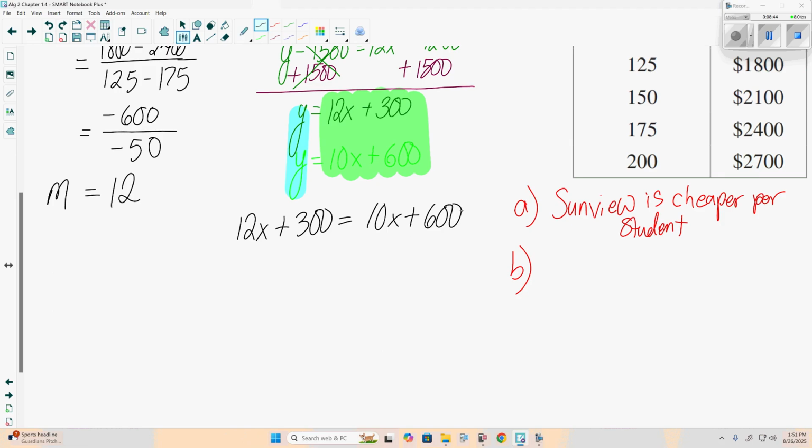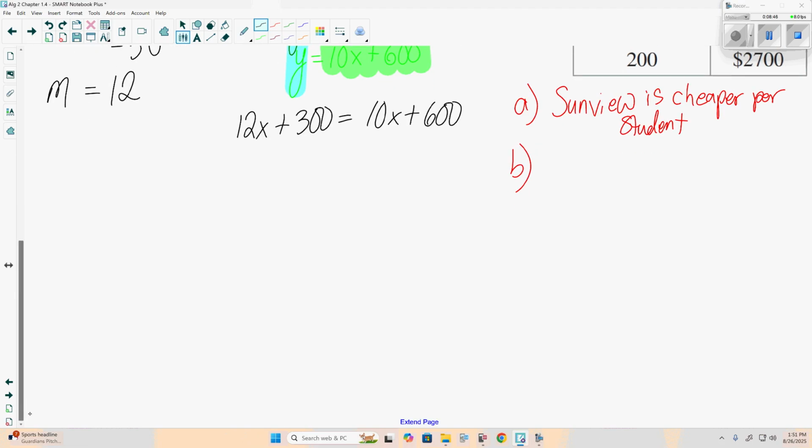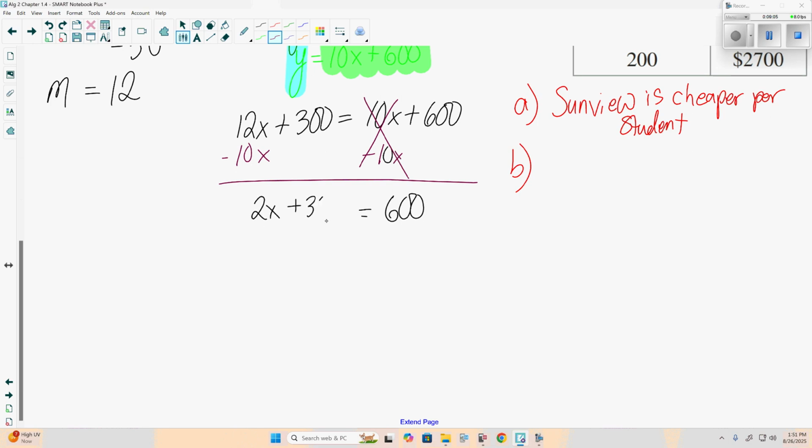We can minus 10x from both sides. Because 10x minus 10x is 0. So that leaves us with 600 on the right-hand side. On the left-hand side, 12x minus 10x is going to be 2x. We still have our 300, but we did get the x's on the same side.